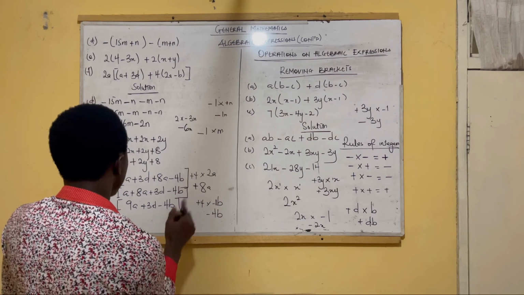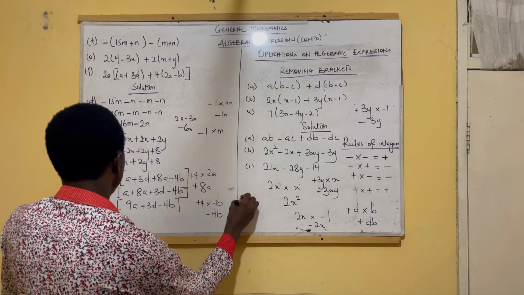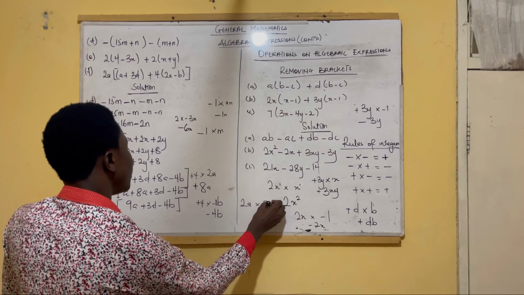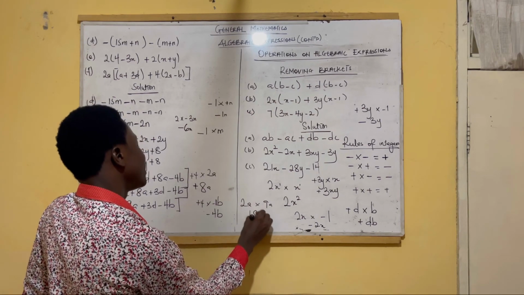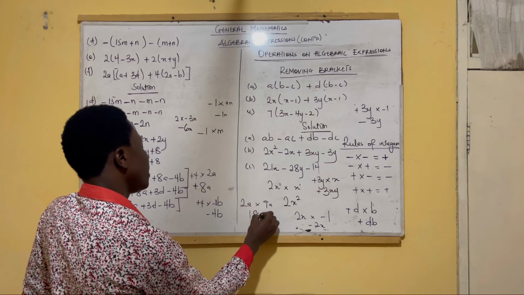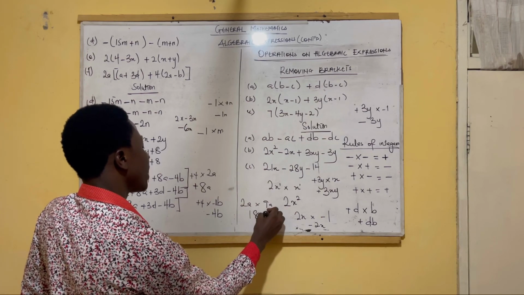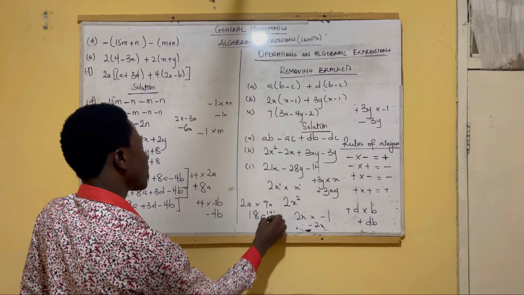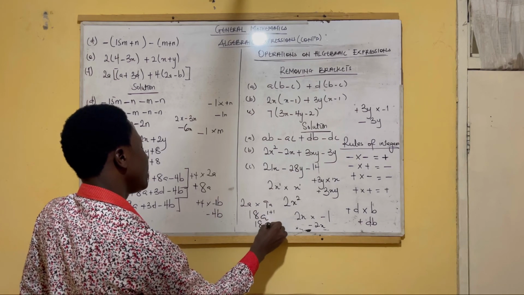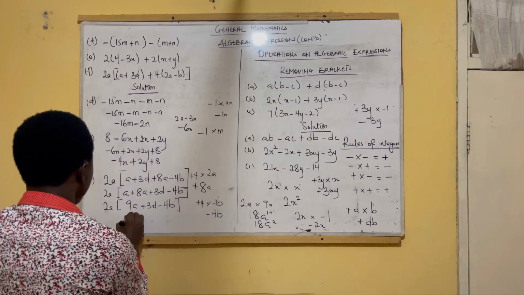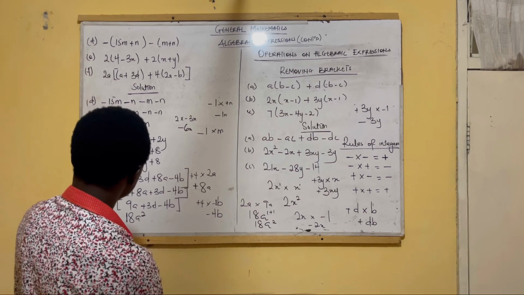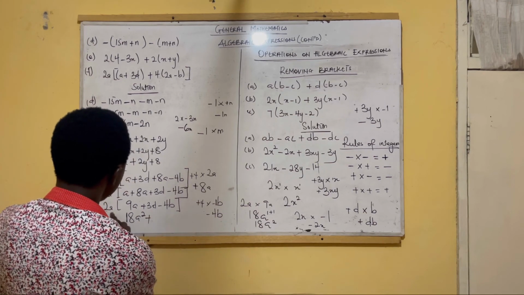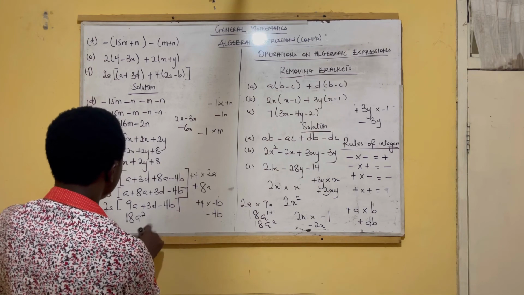Okay. Let's start with 2a. 2a multiplying 9a. You're good at this, isn't it? 9 twos are 18. Then a, because they are similar and they are multiplying, add the powers. It's going to be 1 plus 1. That's 18a squared. The next one, 2a multiplying 3d.